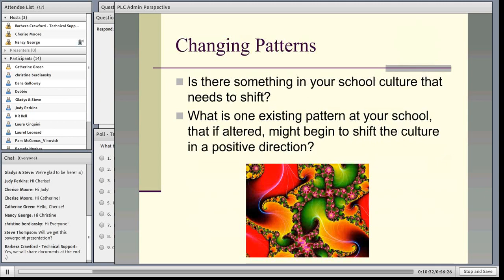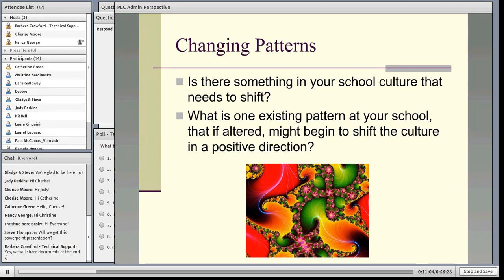So thinking about patterns, we talk here a lot about how patterns in our schools and our work environments are a lot like fractals. For those of you who are algebra buffs, you would know about fractals, but fractals are patterns that repeat infinitely. And so we really began to look at, if there were things that we wanted to change, what was the pattern that existed across all areas of the school?